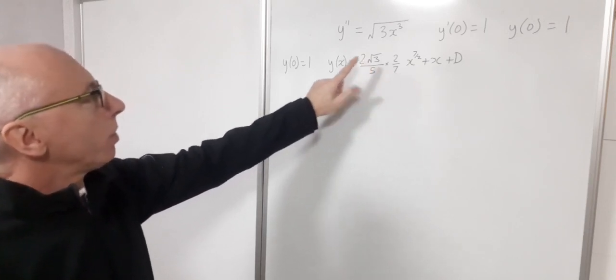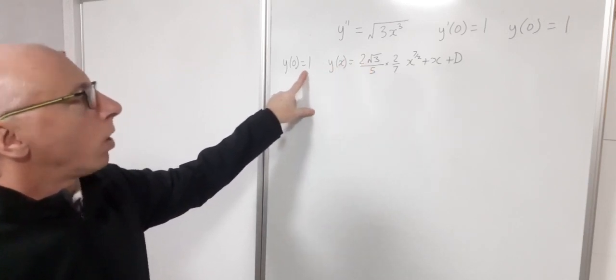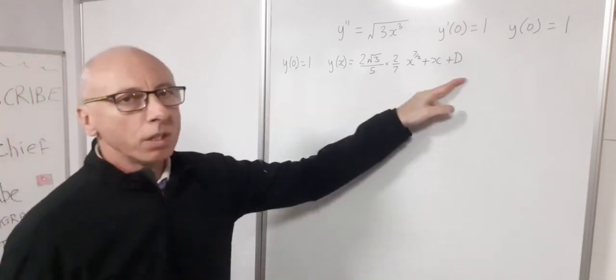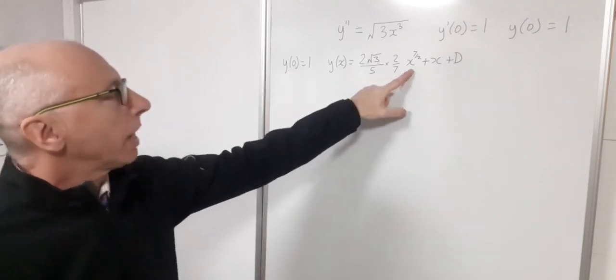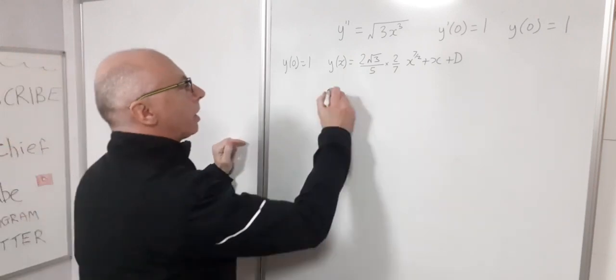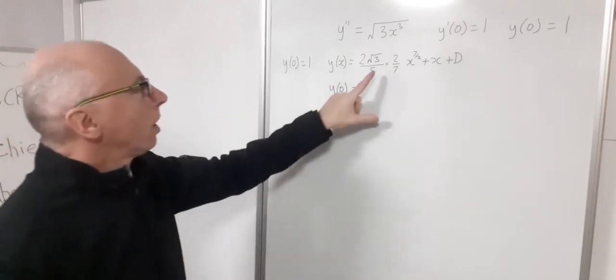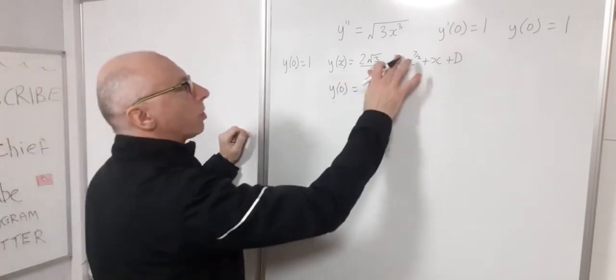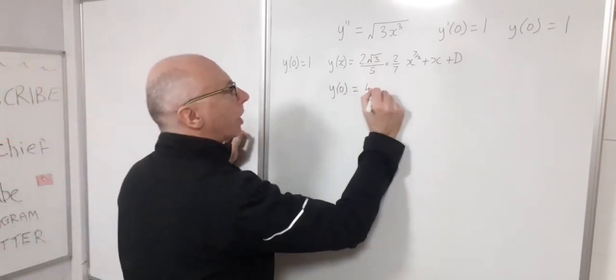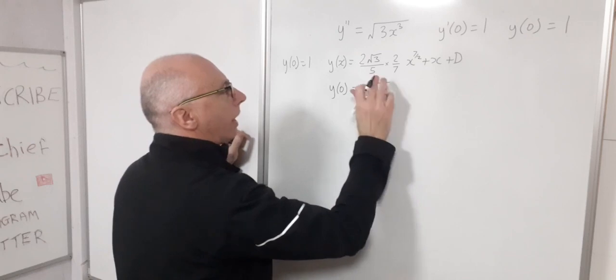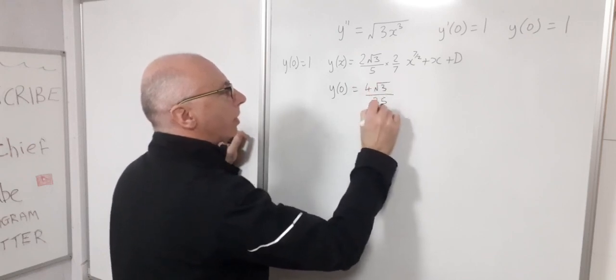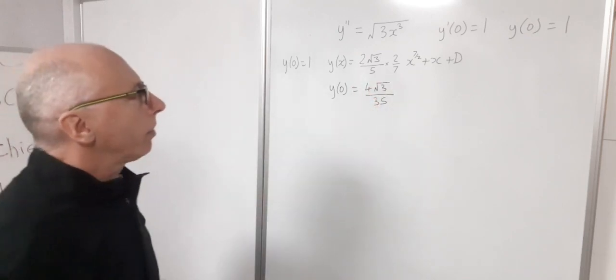What we want to do now is find that y of 0 equals 1. So we set all this to 1, and where we see an x we plug in a 0. Let's tidy this up: 2 times 2 is 4 times the square root of 3, and then 7 times 5 is 35. So that's our constant taken care of.